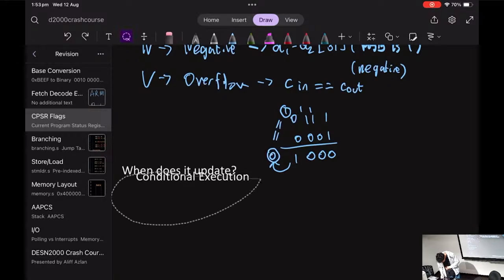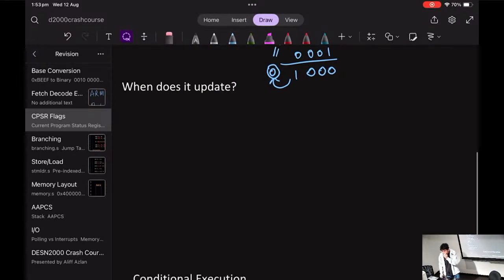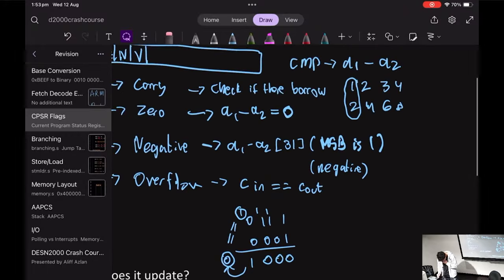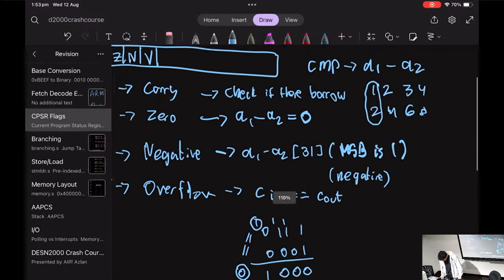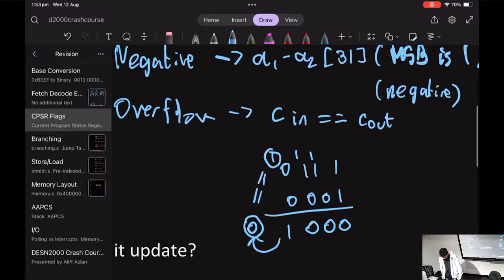For this computation, we can do this. Is there any carry bit? The carry bit is literally just the last bit that comes out.